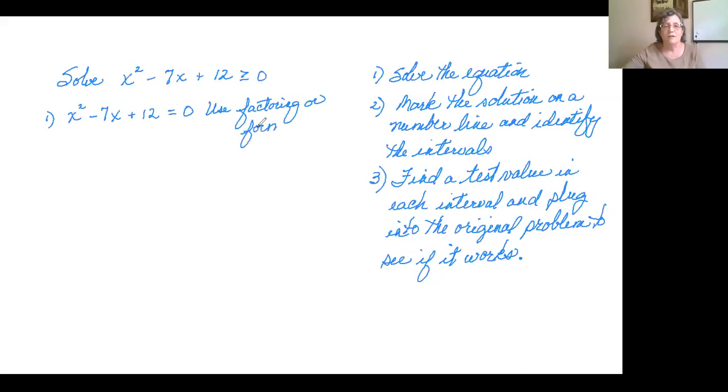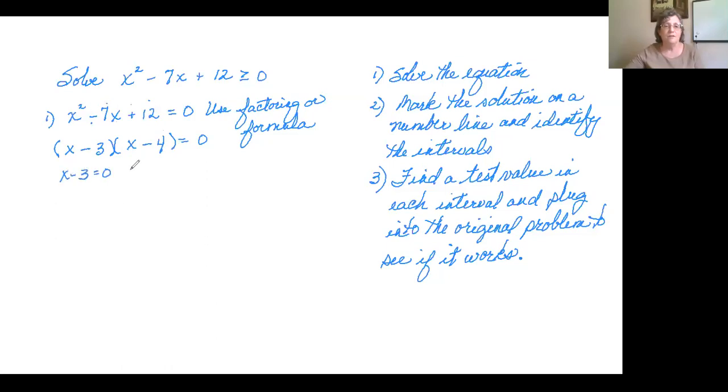It does not matter how you get the answers. I'm going to go ahead and factor this because this one's pretty easy for me to factor. So I want factors of 12 that add up to 7, which would be 3 and 4. To get a negative 7 out of that, it's got to be a negative 3 and a negative 4.